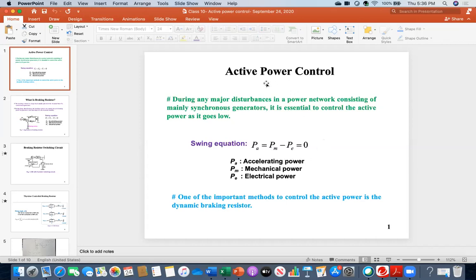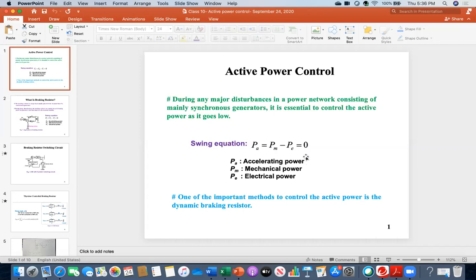Now, active power control means we have to return the P value to the original position or close to the original value. For example, a network was drawing 100 megawatt. Customers are consuming 100 megawatt. And during fault, that P goes low, maybe you can assume even zero.